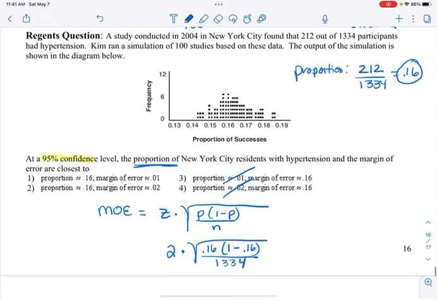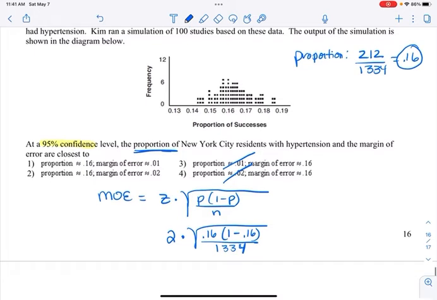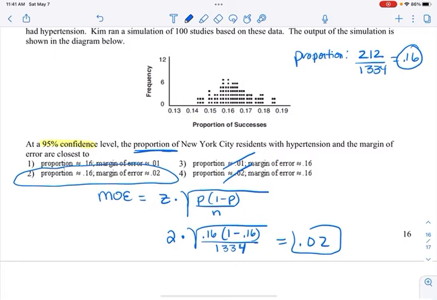Okay, so that's the formula. That has to all go in your calculator. So the square root, now you're going to have to put a parenthesis. I want everything on top in parentheses, and then I'm going to divide by 1,334. But when I do that, I get 0.02. So that's going to be choice 2.